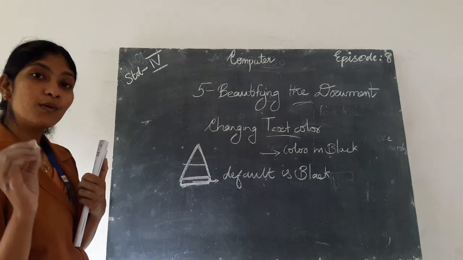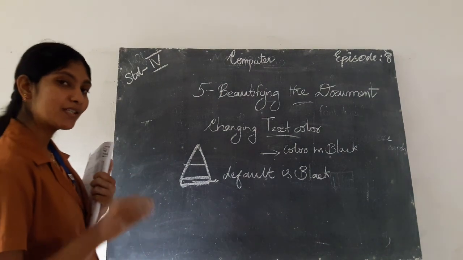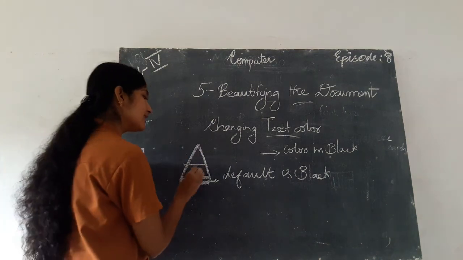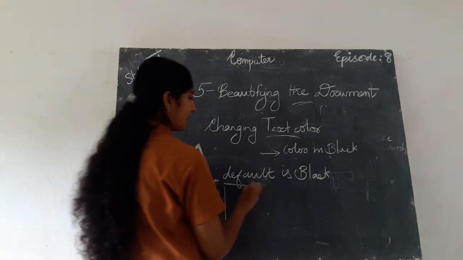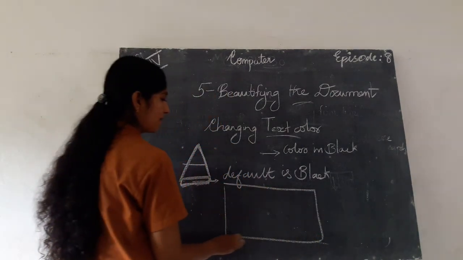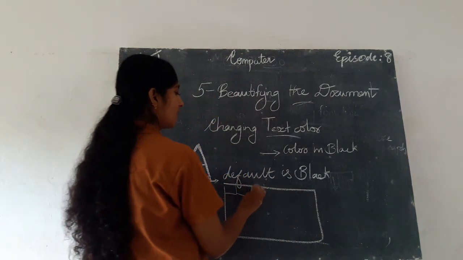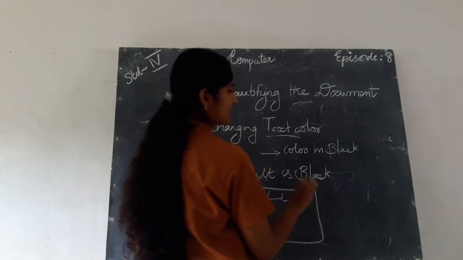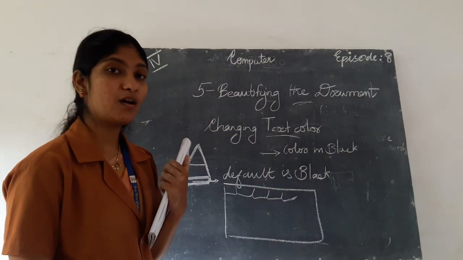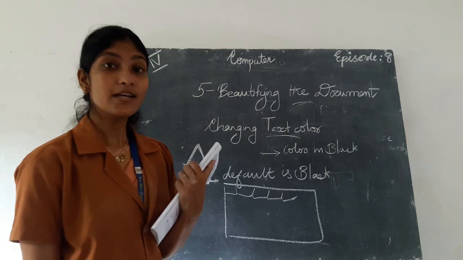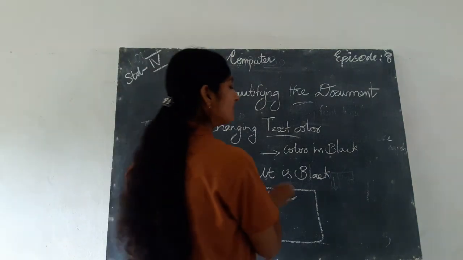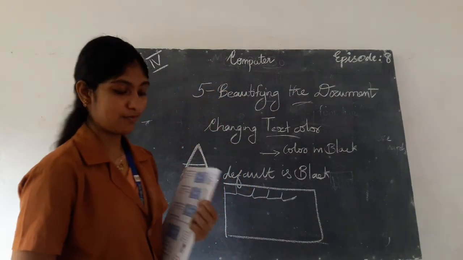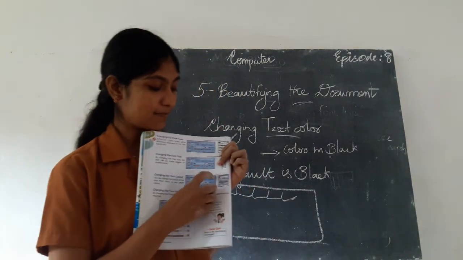If you want to change the color from black to any other color, just click on this button and you can see a color box appears. The color box contains numerous colors like red, green, pink, yellow, orange, a variety of colors. Then you can select your desired color from this gallery. Look at the picture.